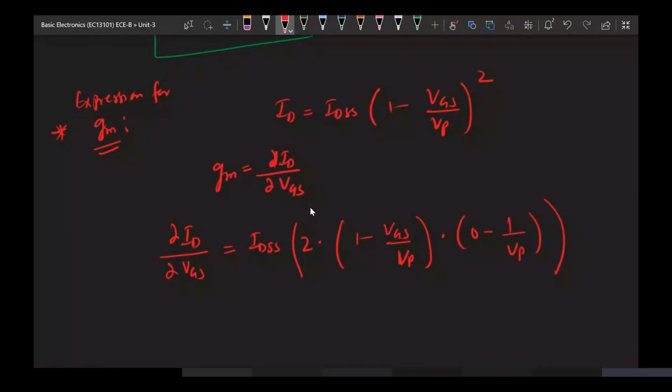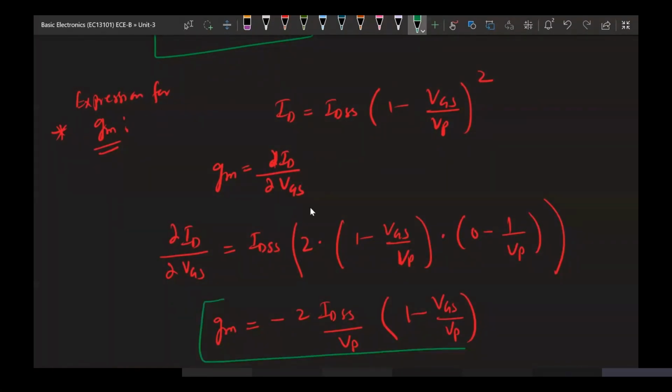By rearranging, this is nothing but the GM. It will be minus 2 times IDSS divided by VP, times (1 minus VGS by VP). This is the basic expression of GM.